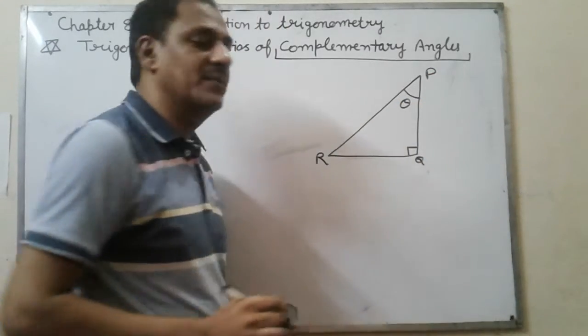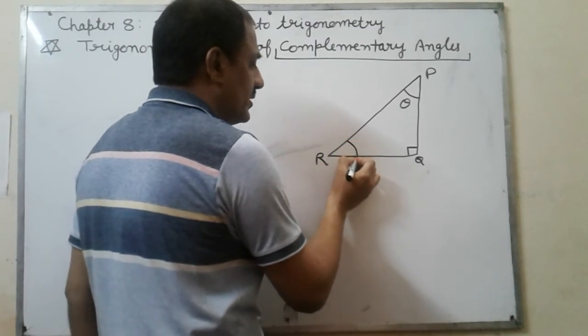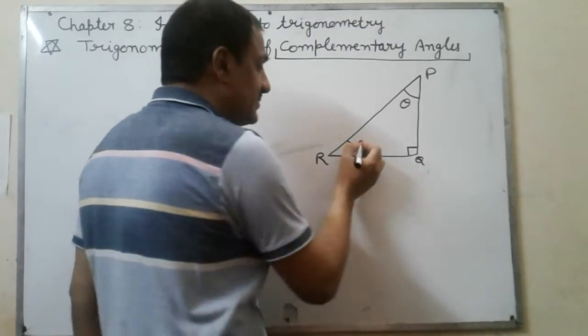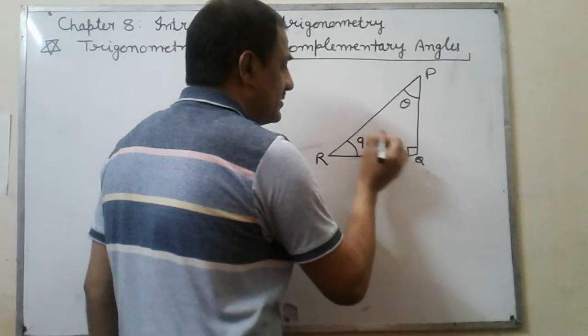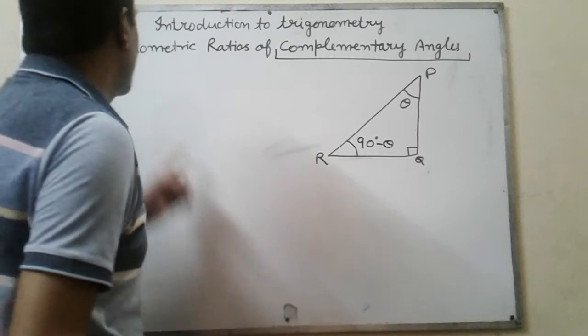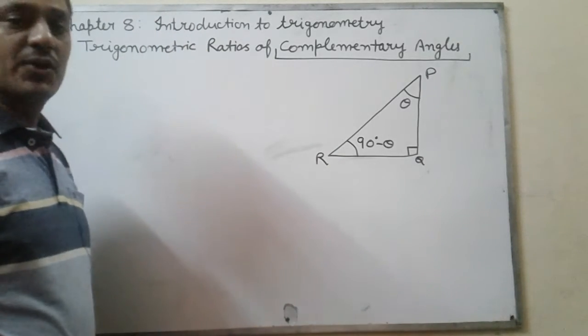If the value of this angle is theta, then the value of this angle will be 90 minus theta.